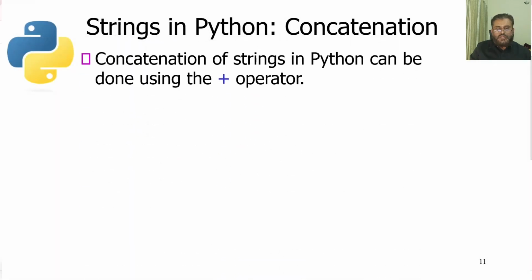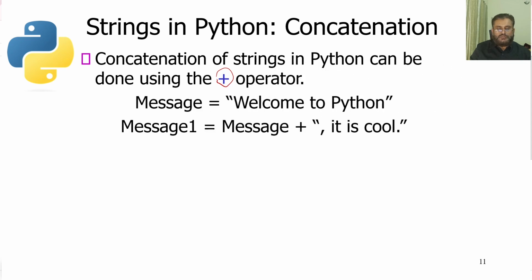We can concatenate strings in Python by making use of the plus operator. In the case of strings, when we make use of this plus operator, it works by concatenating the end of the first string with the first character of the second string. Here is an example.